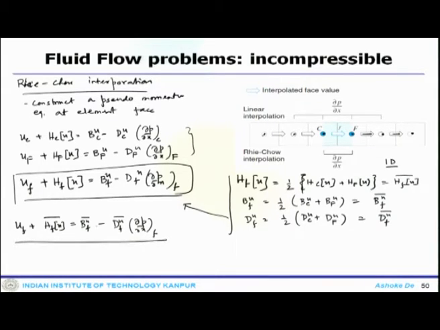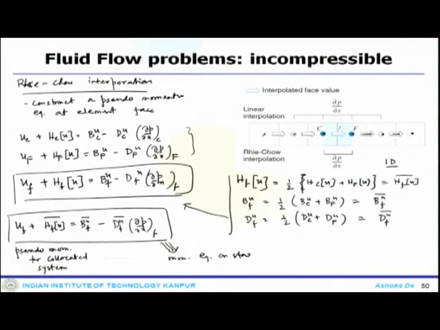I say it is a pseudo momentum equation for the collocated system, but it is equivalent to a momentum equation on a staggered arrangement.